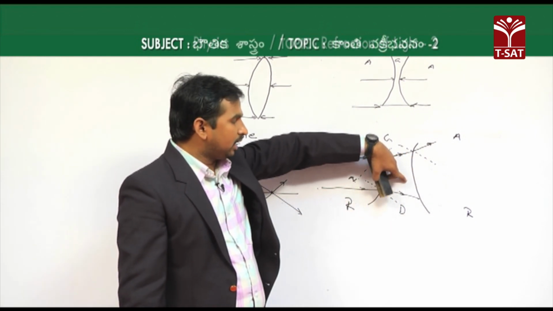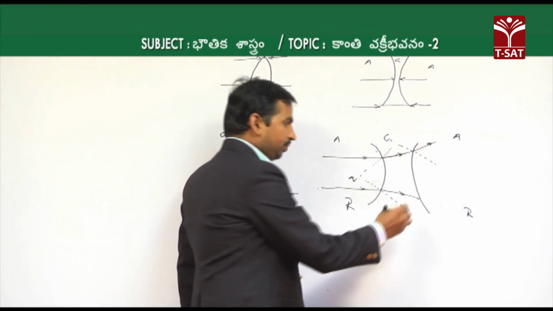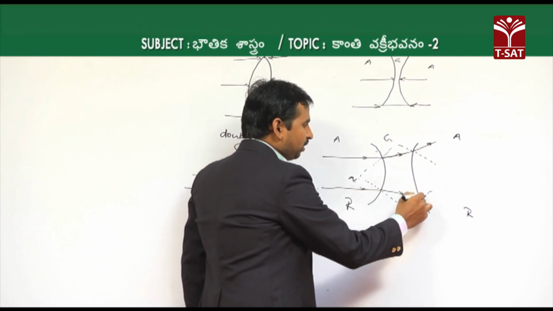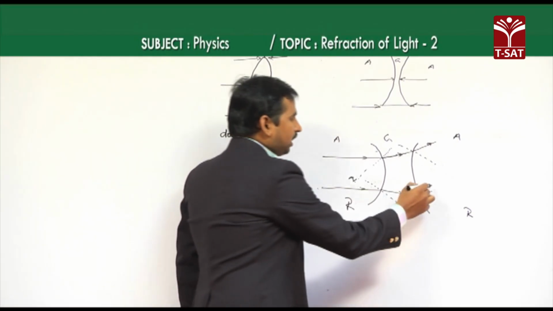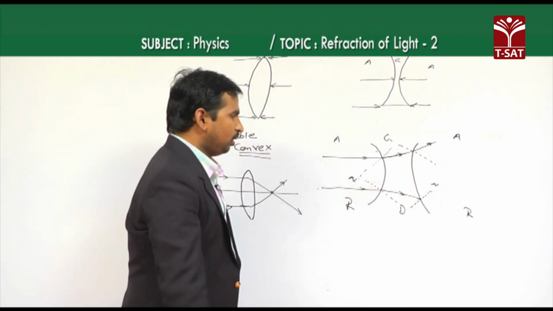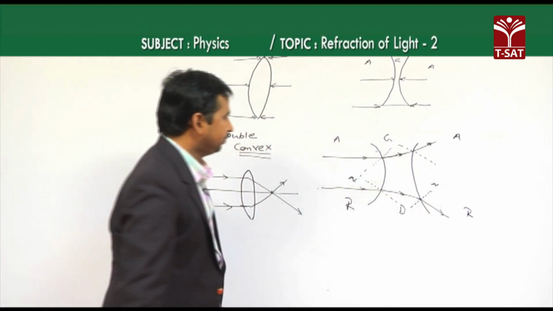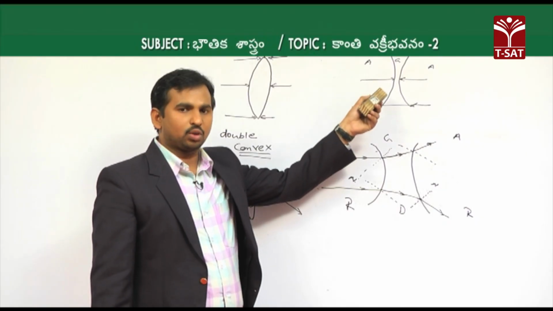Now we are taking glass to air, which is taken as a denser to rarer medium. At this point again, if you are taking the normal, here the normal is like this. As the normal is like that, here the light ray bends away from the normal, means going down here like this. Okay, this is the refraction takes place in case of a double concave lens.